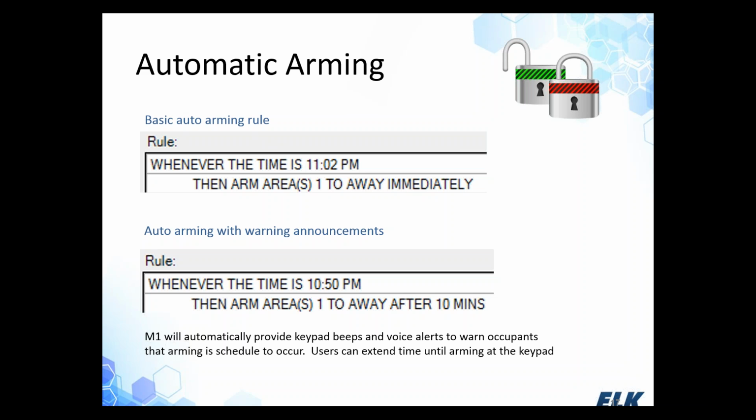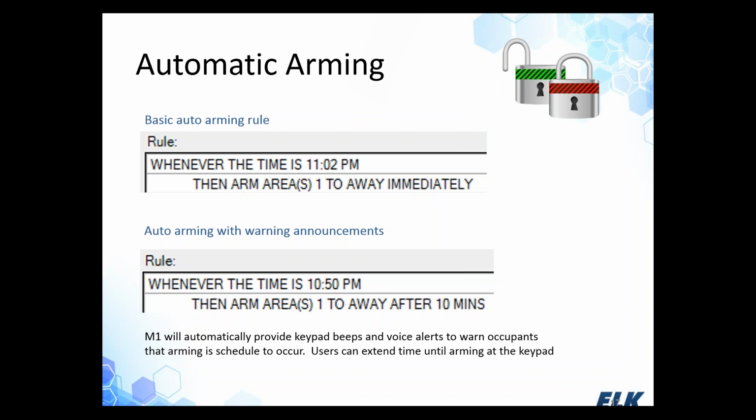Now, if there is somebody in there, they can extend that time. They know 10 minutes they're not going to be able to get out, so they can press the up arrow key and they can increment that 10 minutes each time they press the up arrow key up to a total of 120 minutes.